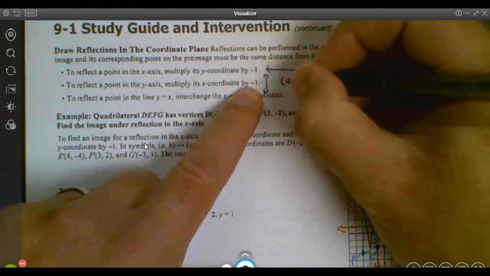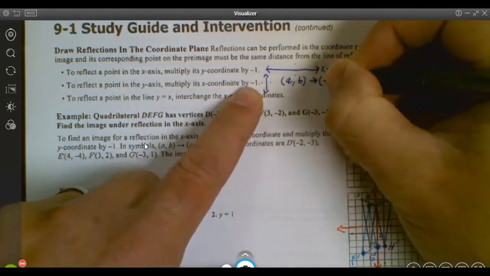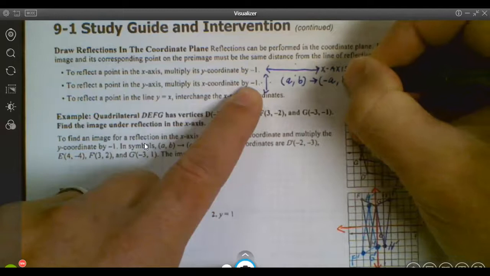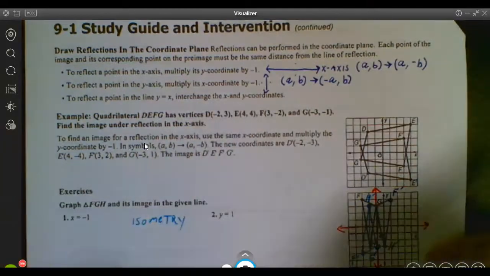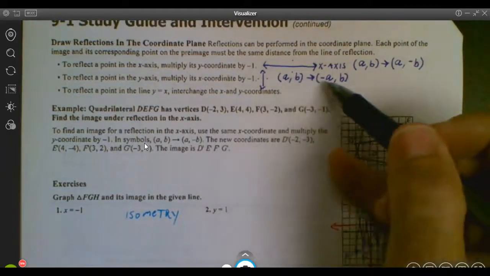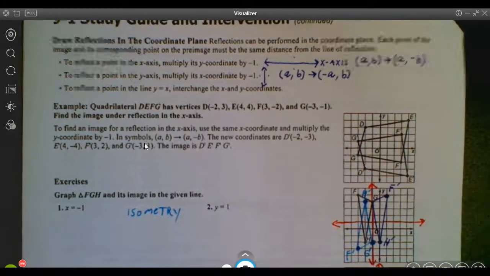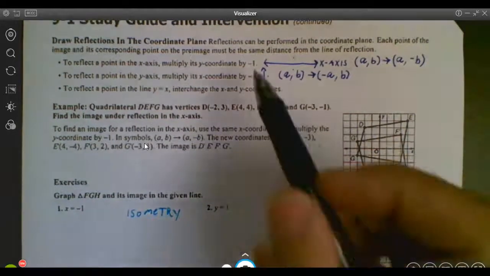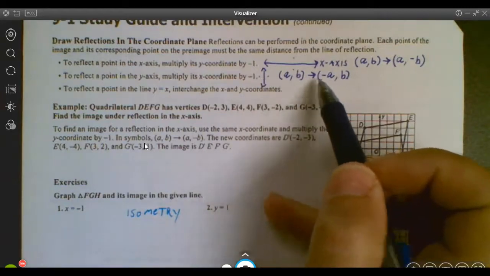So what was A, B is now becoming -A, B. Or you could say the opposite of A, B. I like that word opposite for negative because that implies that if it was positive, it goes to negative. If it was negative, it goes to positive. It's the opposite of A, and then B would not change because now we're reflecting left and right. So only the x-coordinate would now be affected.